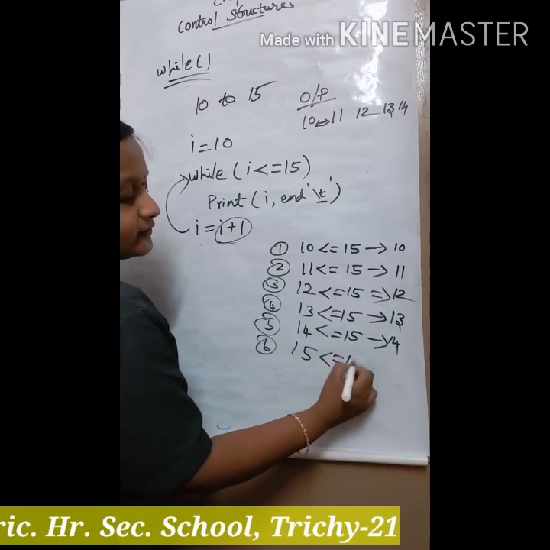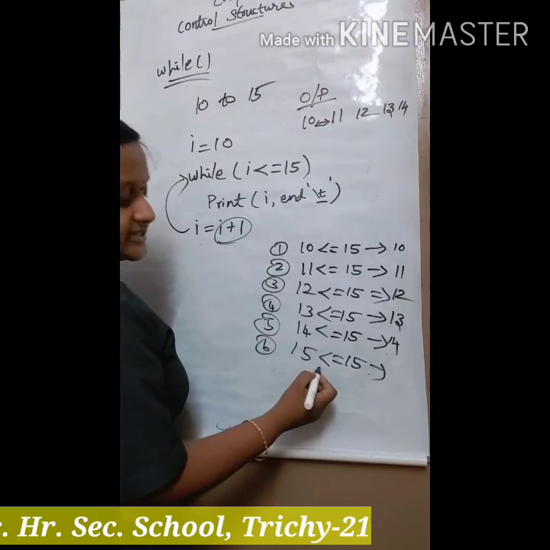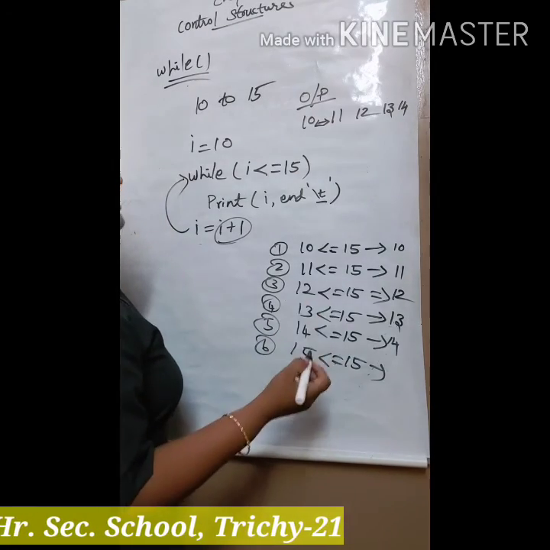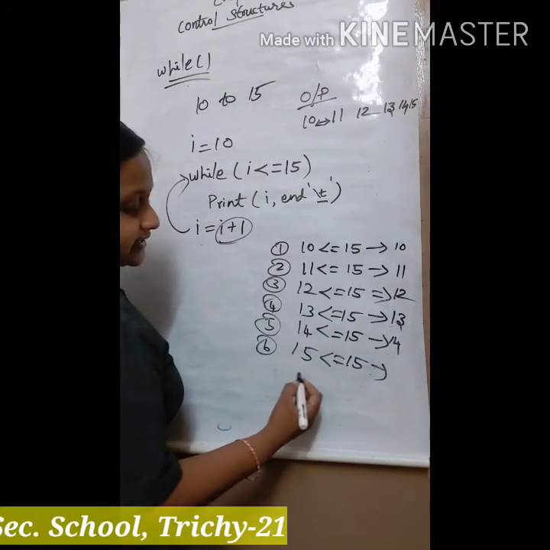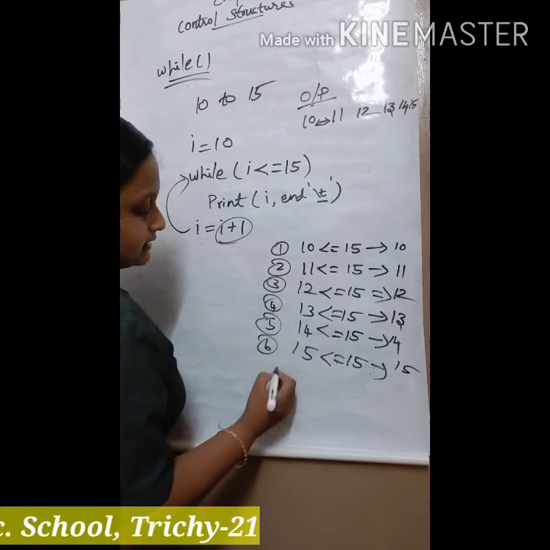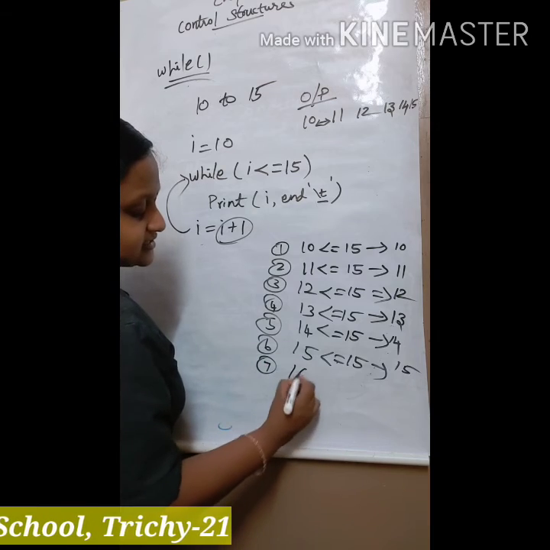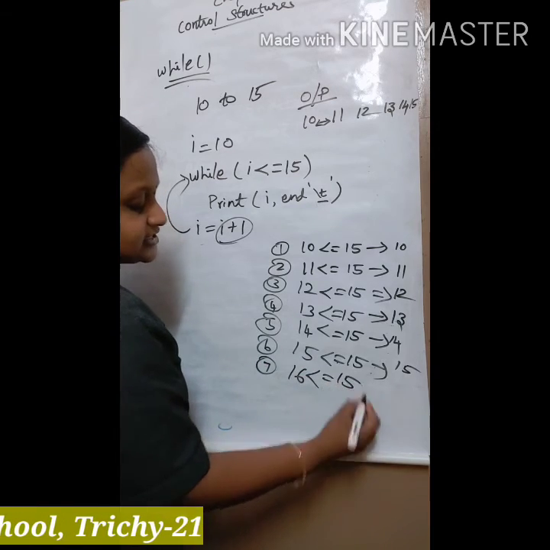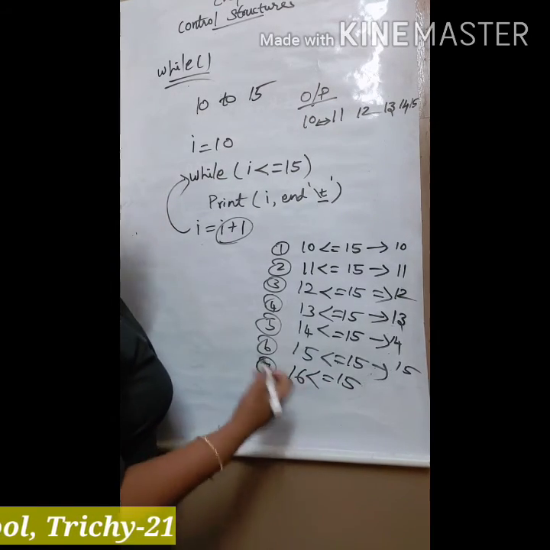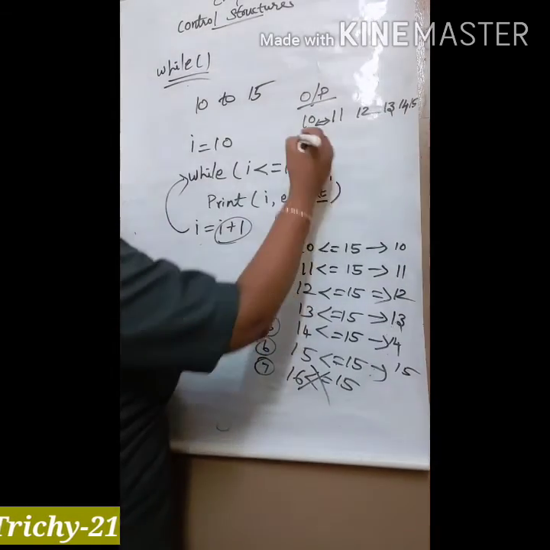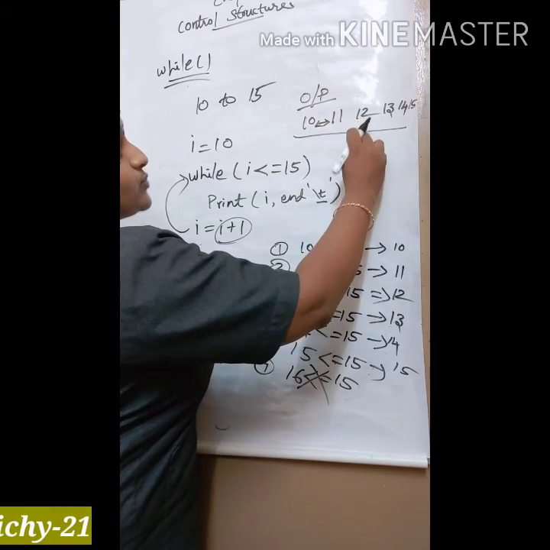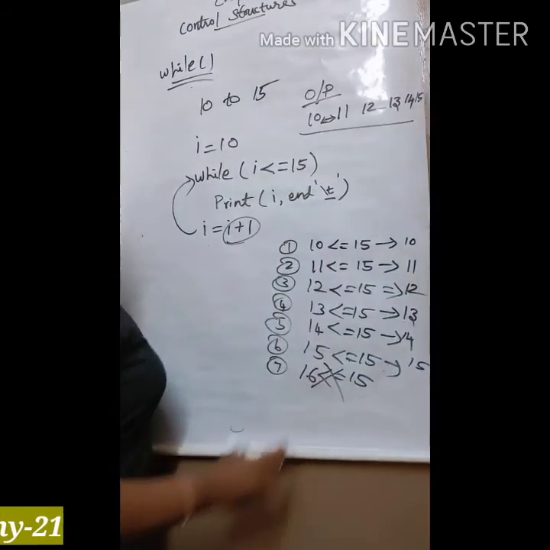Here 15 is also true because of less than or equal. So again it prints the 15 value, and once again it comes to 16. 15 plus 1 is 16. Now it checks the condition. Here 16 is a greater number, so the condition is false. So it displays the output 10, 11, 12, 13, 14, 15.